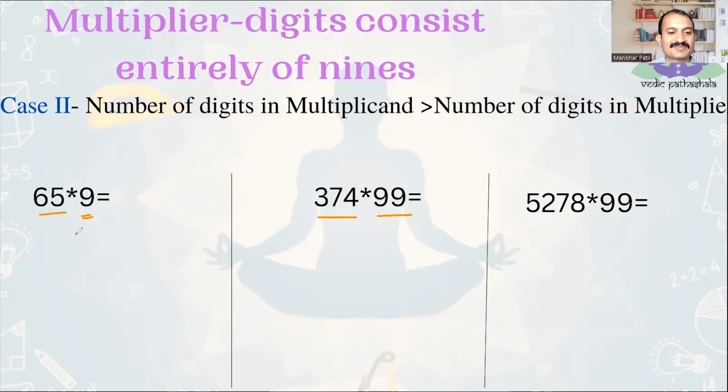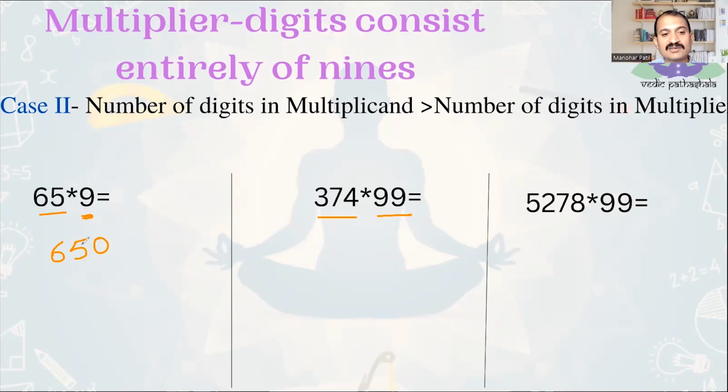See here. First thing is you have to write multiplicand as it is and put zeros next to that. How many zeros? Number of 9s in multiplier. That many zeros you have to put. For example, there is only 1 nine in the multiplier, so you should write 650. Okay, first step.